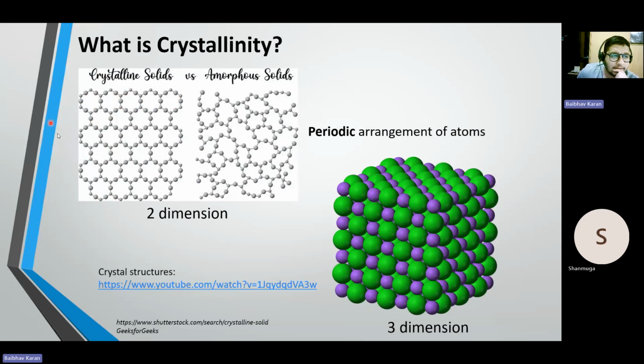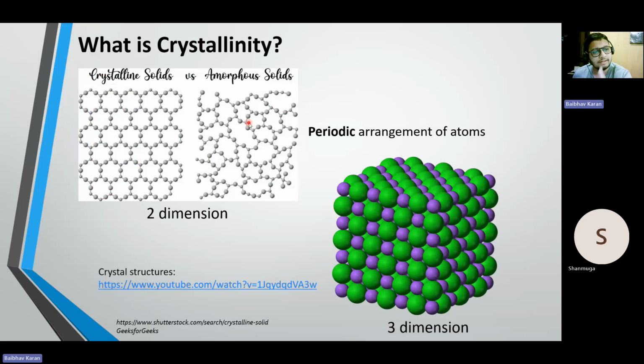That means, as you can see in this 2D figure, the atoms are arranged in a periodic, repetitive manner in 2D, whereas in amorphous solids no such repetition or periodicity is observed. Atoms are randomly arranged in a 2D system, as you can see here.